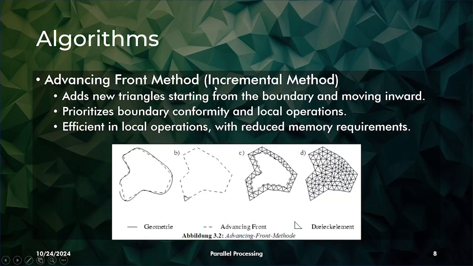Another approach is the advancing front method, which is also an incremental method, but the difference is we add new triangles starting from the boundaries instead of selecting them randomly. It prioritizes boundaries, conformity, and local operation, and it's also efficient in local operations and reduces memory usage.